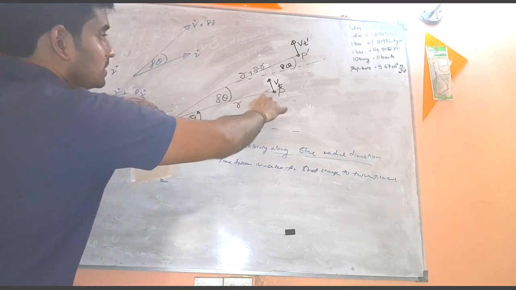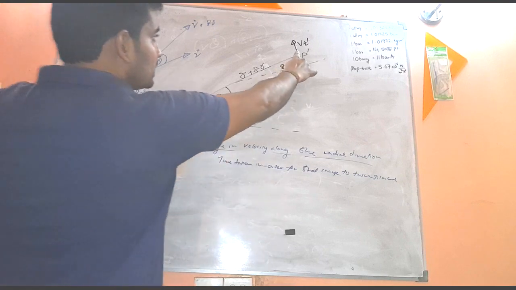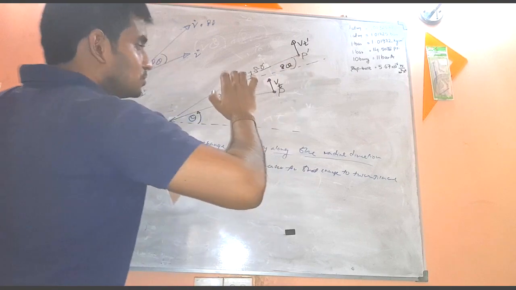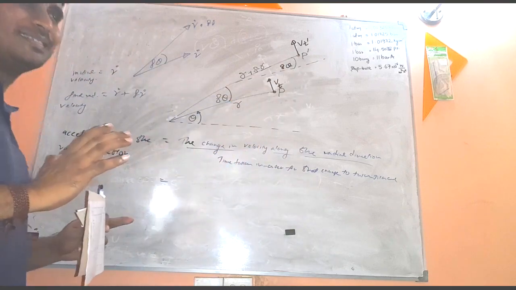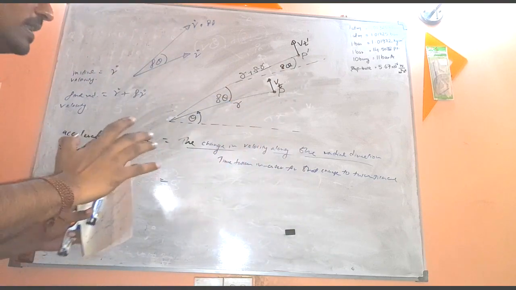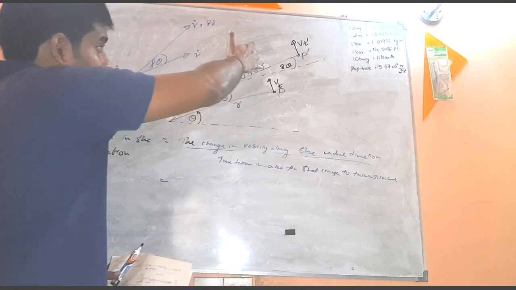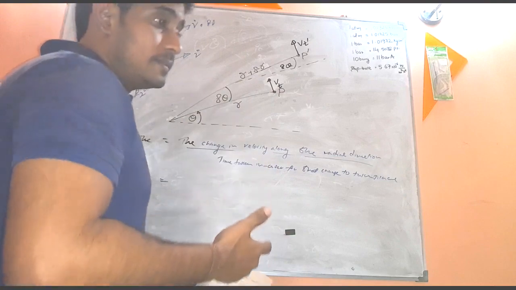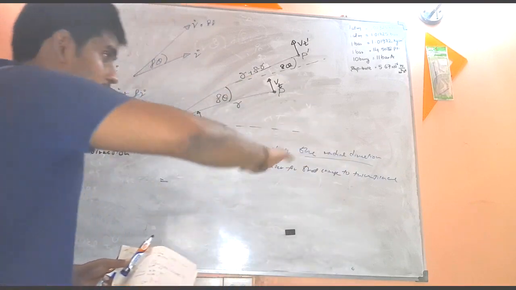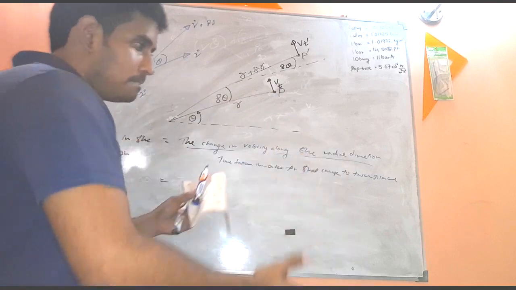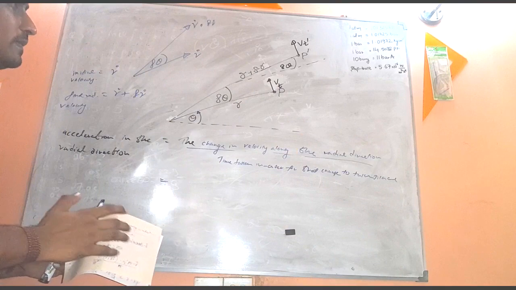So this is the original direction, carefully take this, and this is the final direction, right? So these two directions are not parallel, so you have to be very careful when you are taking the difference, because this change in the radial velocity does not take place along the same parallel directions, right? So we will do something like this.